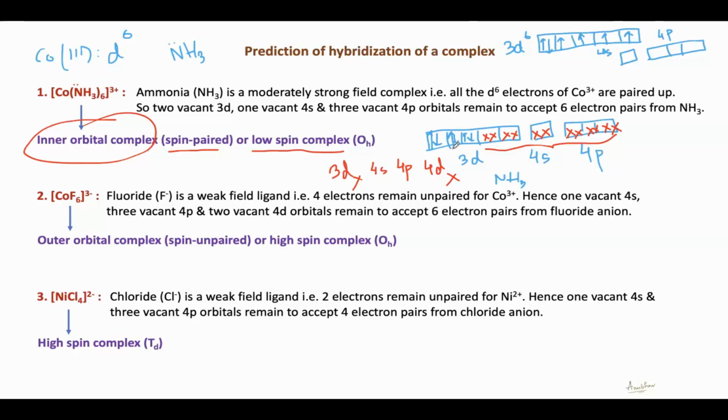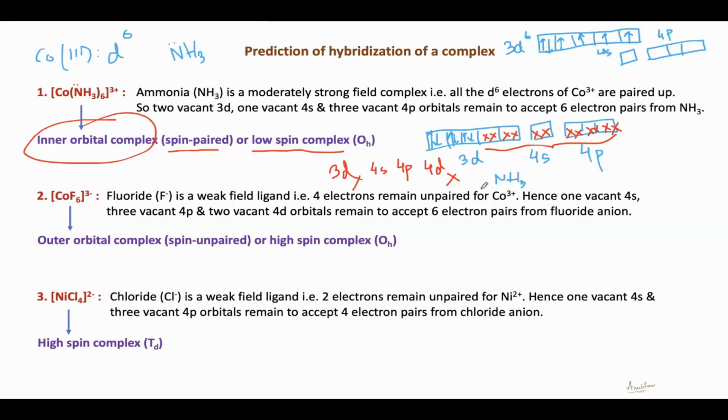Now 2 3d orbitals will become vacant. One is coming from the 4s and 3 are coming from the 4p, and all the 6 hybrid orbitals will then get donated electrons from the ammonia molecule. Ammonia has 1 pair of electrons for donation. So this ammonia will donate electrons in the vacant 3d, 4s and 4p orbitals over here. And since the inner 3d orbitals are utilized here for bonding, that's why it is termed as the inner orbital complex.